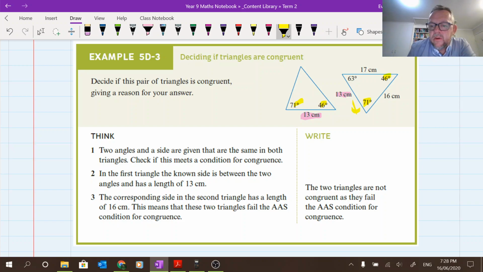So they are not congruent. You see what I mean? The side in between the 71 and the 46 is different. That's 16 and that's 13. They are in the wrong position in this triangle, so they are not congruent.